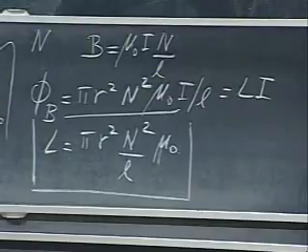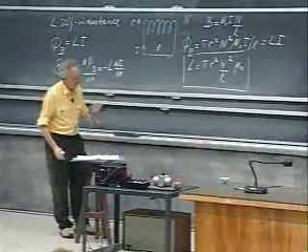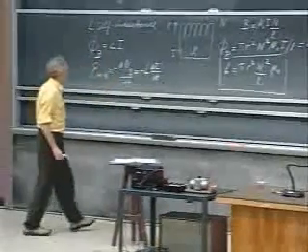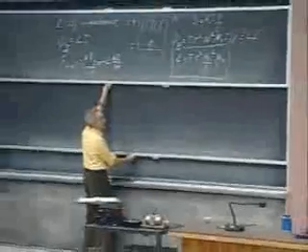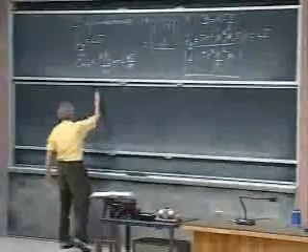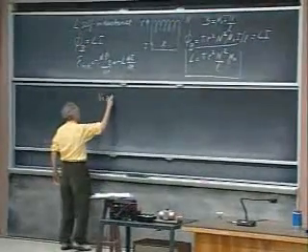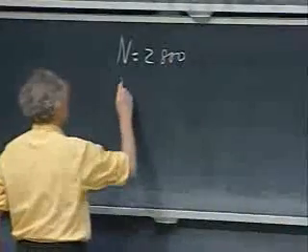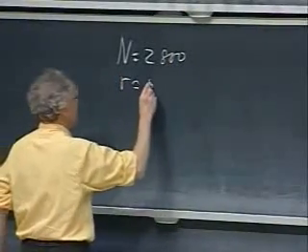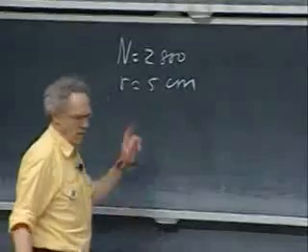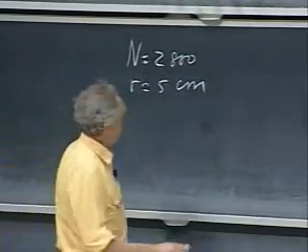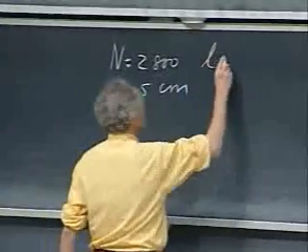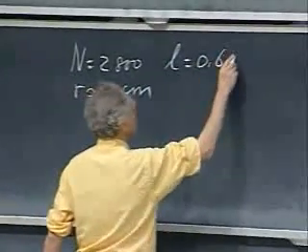And so we can calculate, for instance, what this self-inductance is for a solenoid that we have used in class several times. We had one whereby we had 2,800 windings. R, I think, was something like 5 centimeters. You have to work in SI, of course, be careful. And the length was 0.6 meters.